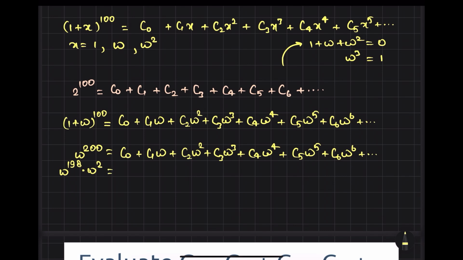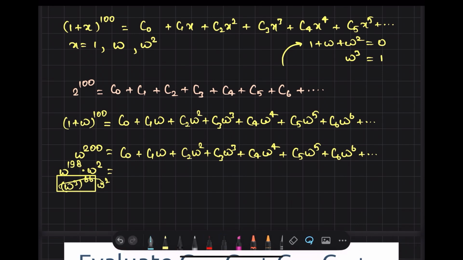Omega power 198 can be written as omega power 3 power 66 and omega square. So this thing will become 1 power 66, so it will become 1, correct? So this will get clubbed and become 1. Okay, so we will be left with only omega square.